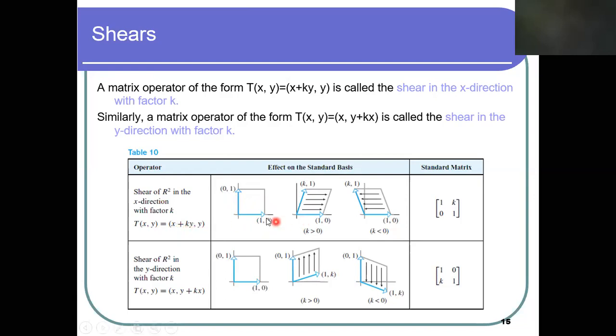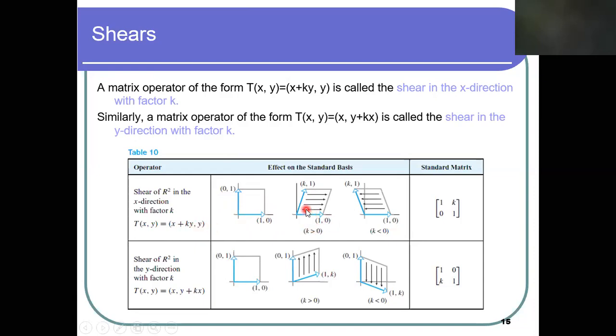If you put these standard basis vectors in this transformation, 0 1, meaning 0 and 1, you will get k and 1, that is k 1. If you put the other standard vector in this transformation, you will get 1 0.